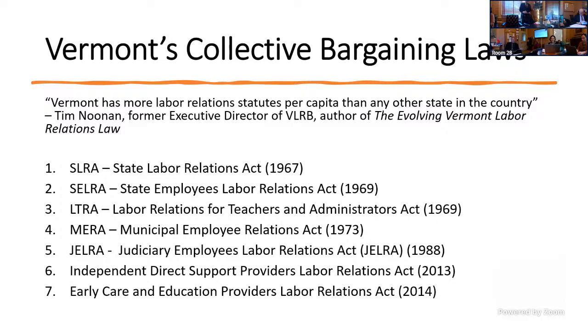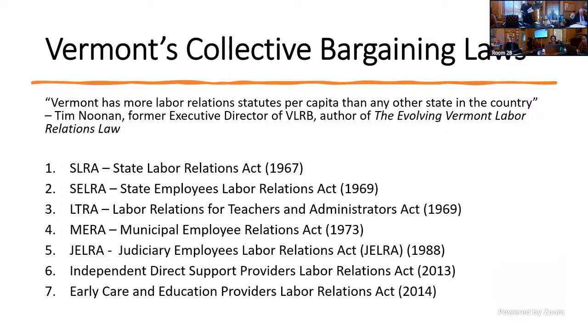And so under the Labor Relations for Teachers and Administrators Act, my understanding is this doesn't happen very often. But if the parties, when they're negotiating their regular contract, so not healthcare, but everything else, reach an impasse and they choose not to go on strike or have the contract imposed, there is a mechanism whereby they can go to arbitration.